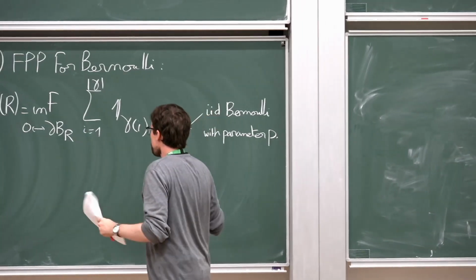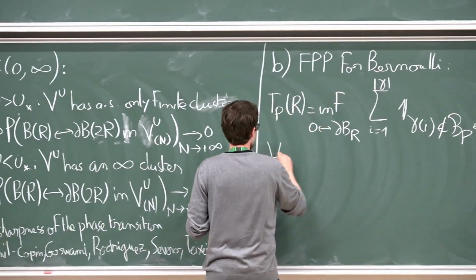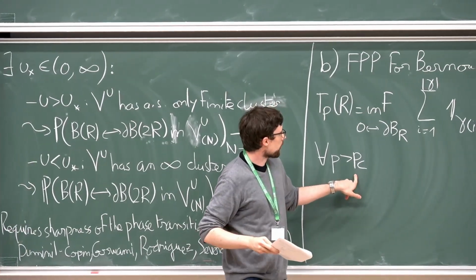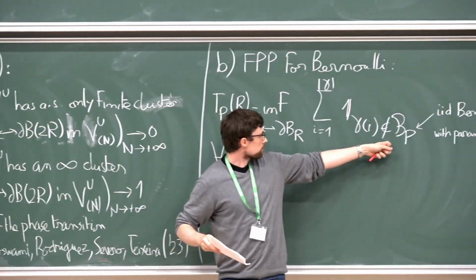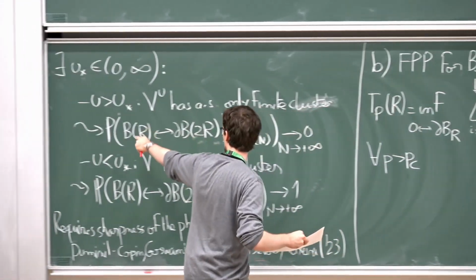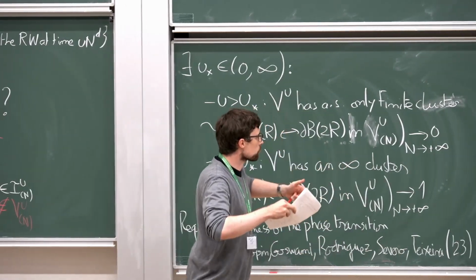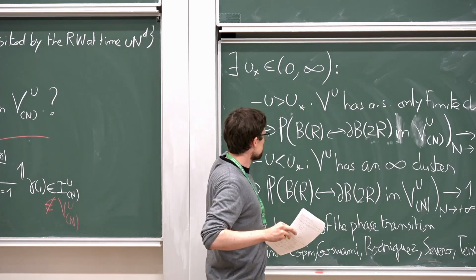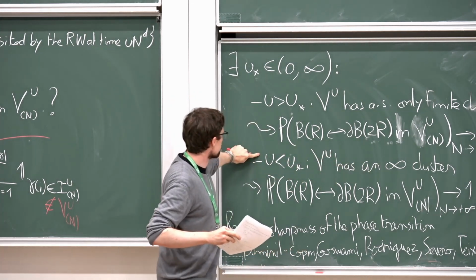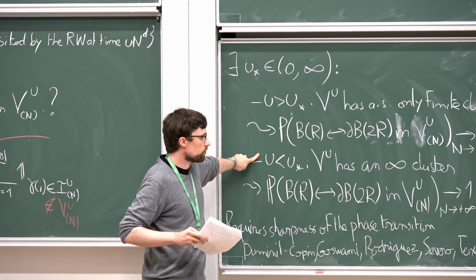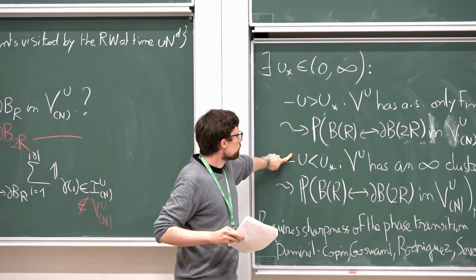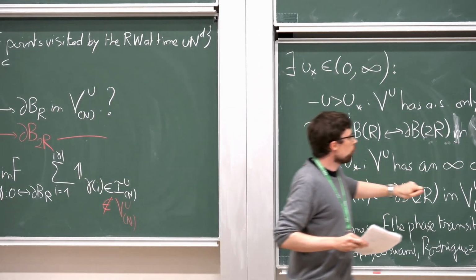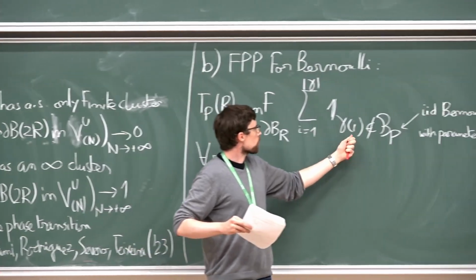So the first trivial result is that for P larger than PC, where PC is the critical parameter for Bernoulli, in the same way as U star was here. So the model is reversed, because BP is increasing, whereas VU is decreasing. So P larger than PC corresponds here to U smaller than U star. So you know that you have an infinite connected cluster, and along your infinite connected component, you can travel for free.